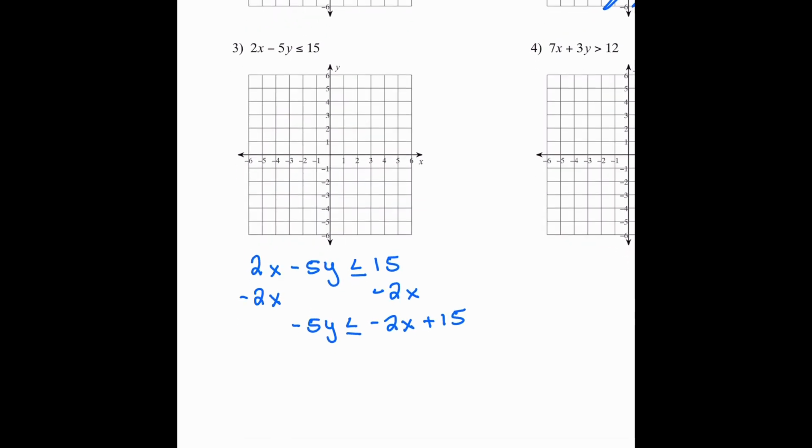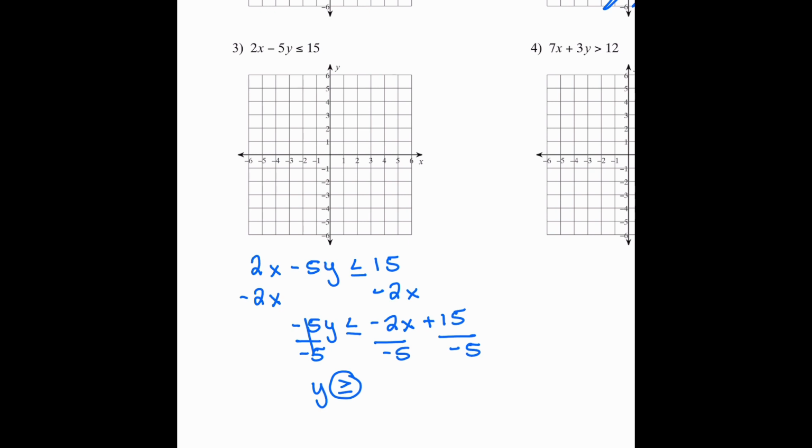And then I'm going to divide by the number in front of y. So I'm going to divide everything by -5. And I have to remember, when I divide an inequality by a negative, my sign flips. So don't forget to flip your inequality sign if you multiply or divide by a negative number.